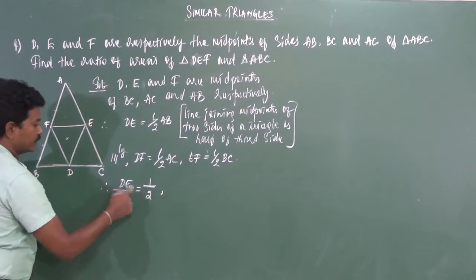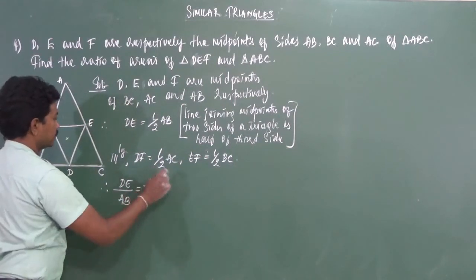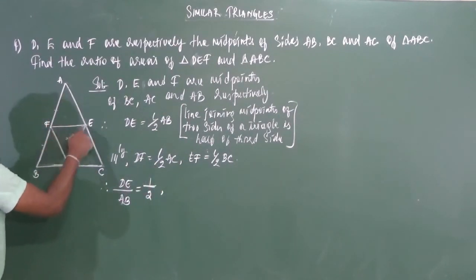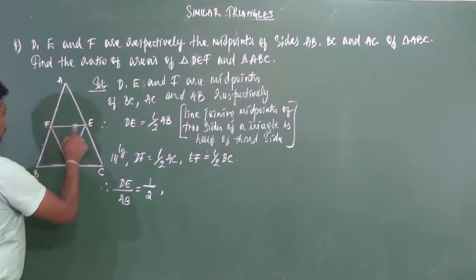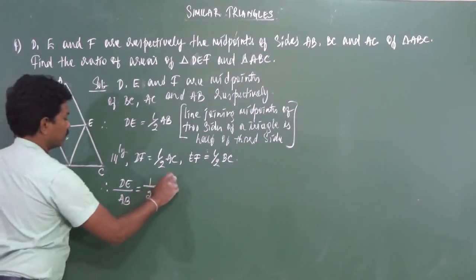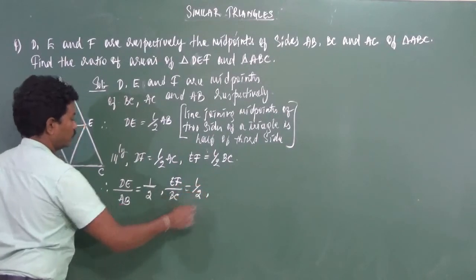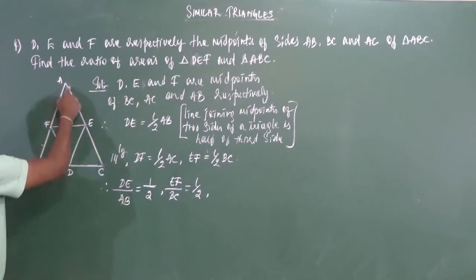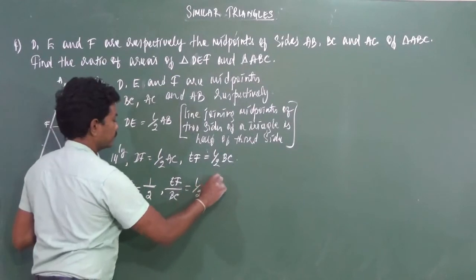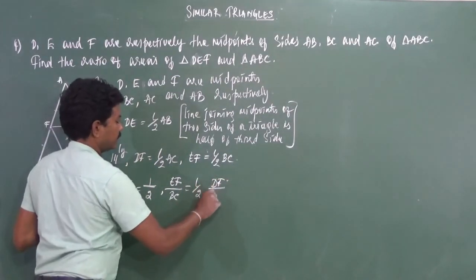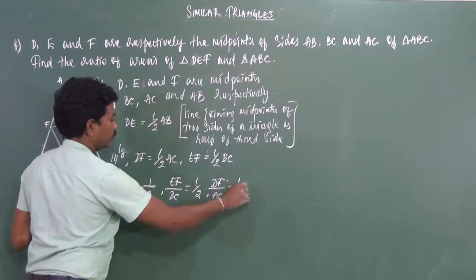So AB is twice DE. That's the meaning. In the same manner, EF by BC is equal to 1 by 2 and DF by AC is equal to 1 by 2.